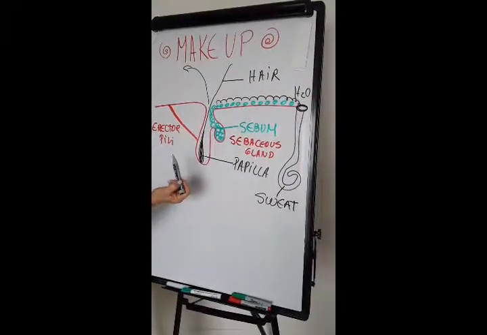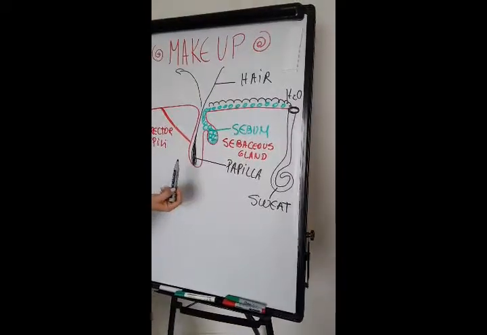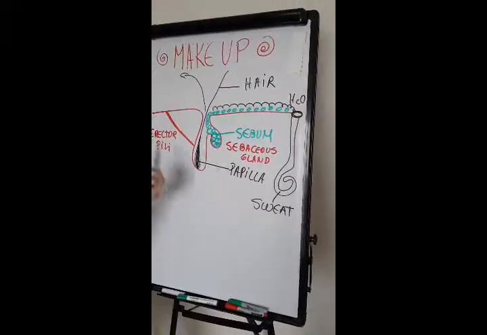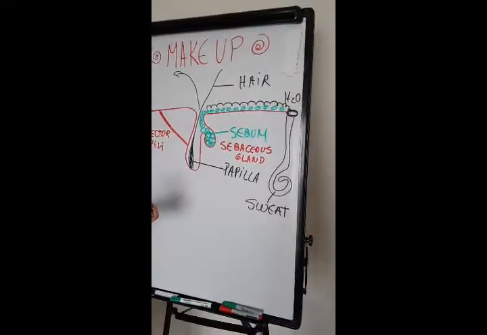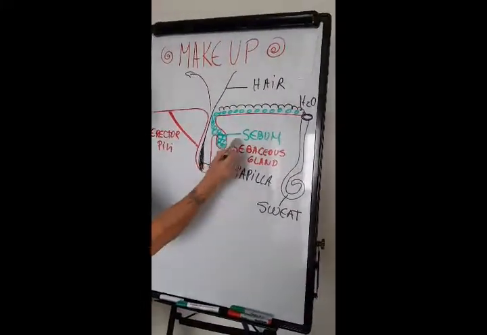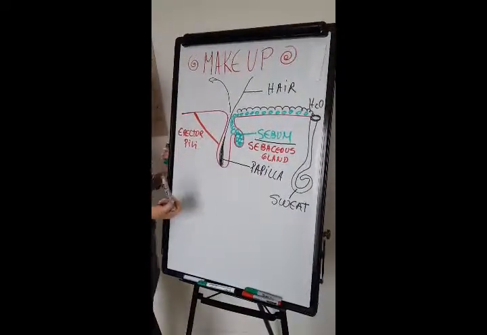The combination of these two, the sebum and the water, are the two fluids that make our skin. So if we have overproduction of sebum, we will have oily skin.